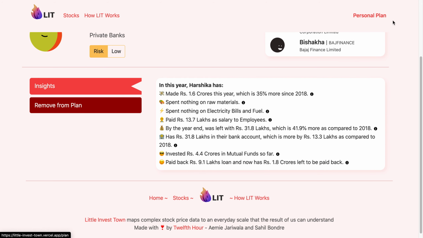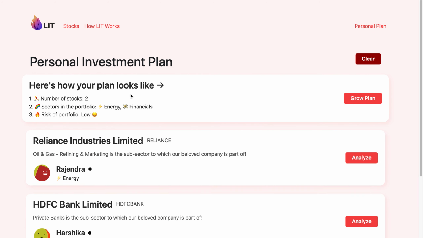Now let's move on to our personal plan. This is a personal investment plan where there are two stocks, Reliance and HDFC Bank, as we liked Rajendra's and Harshika's profiles. It also lists the sectors in our portfolio right now, energy and financial.